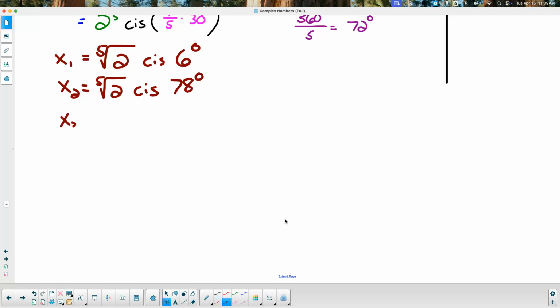Next one is at the 5th root of 2, CIS of 150. Next one is at 222.